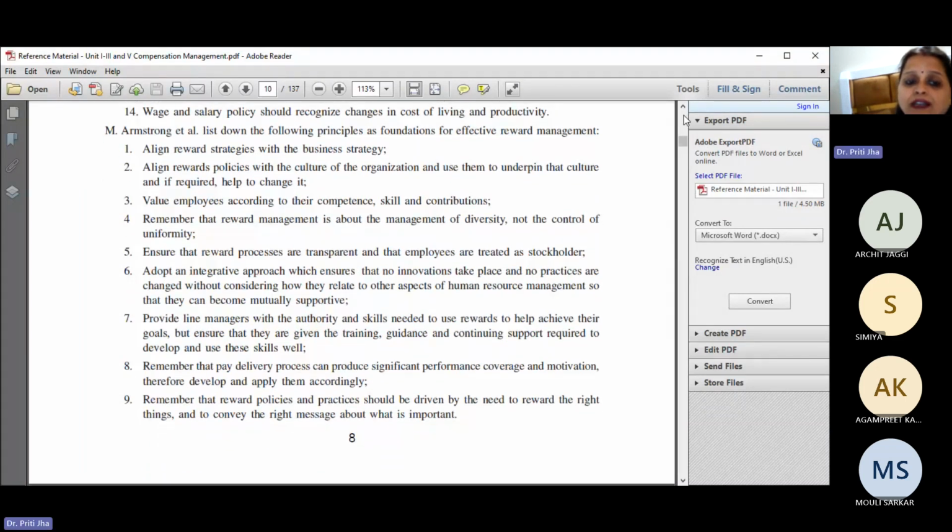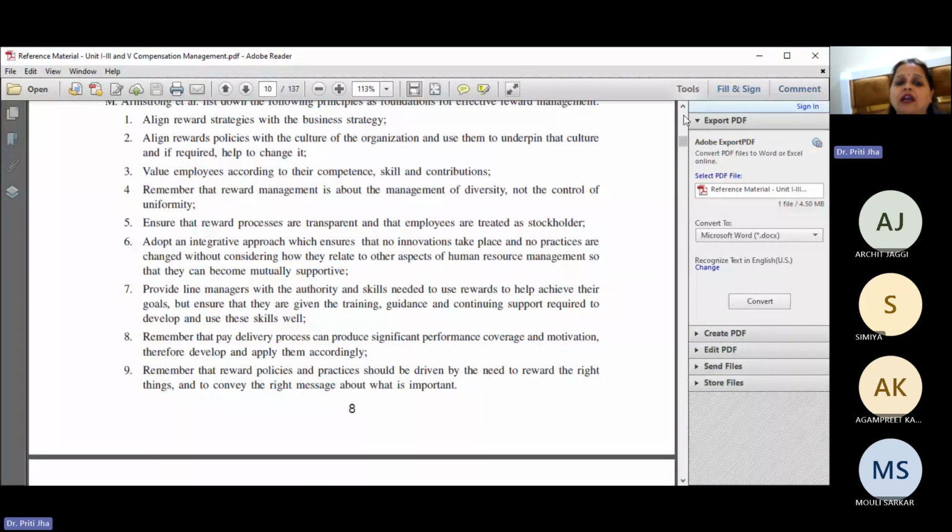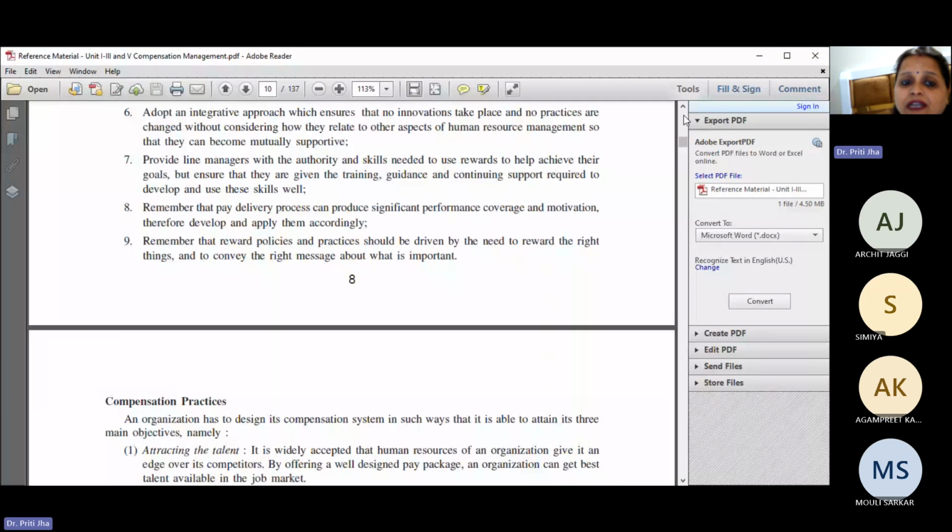Remember that pay delivery process can produce significant performance coverage and motivation. Therefore, develop and apply them accordingly. Remember that reward policies and practices should be driven by the need to reward the right things and to convey the right message about what is important.